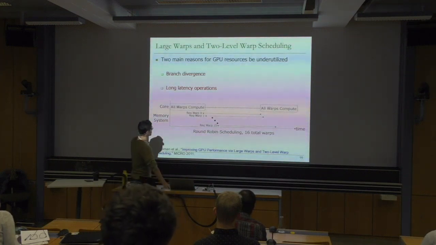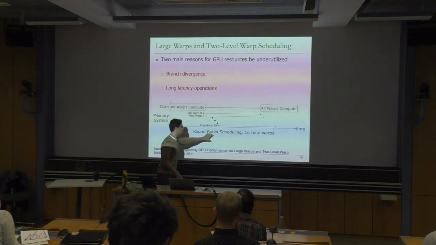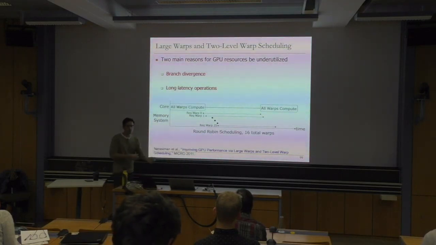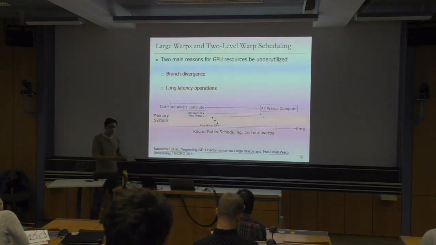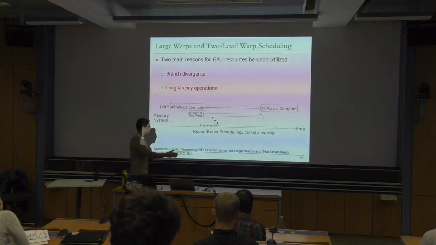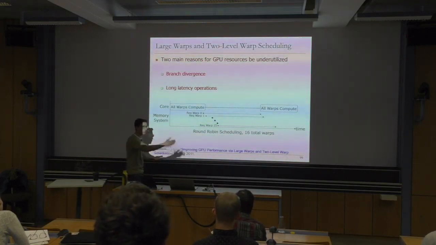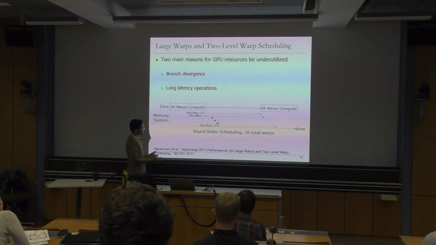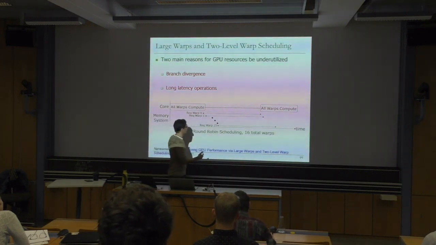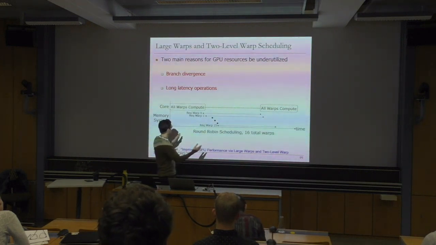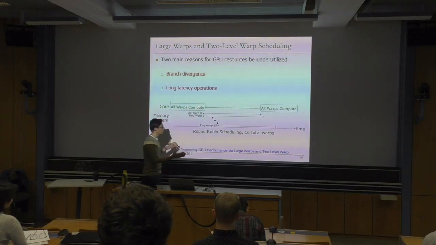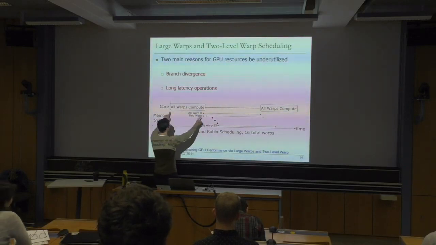The typical default scheduling that we have in GPUs is round robin. So you first schedule an instruction for warp 0, then for warp 1, then for warp 2, and so on. And even though you can achieve some latency hiding, not so much, if you see this timeline.